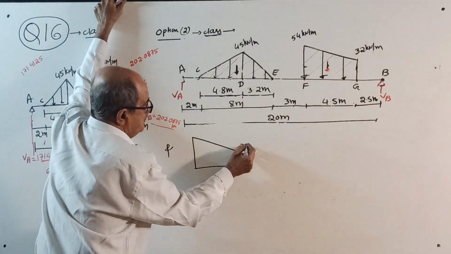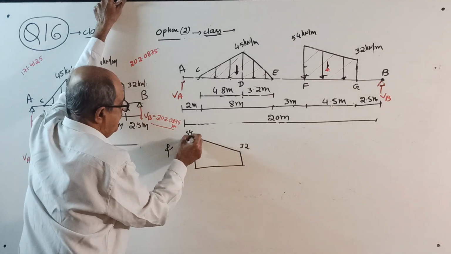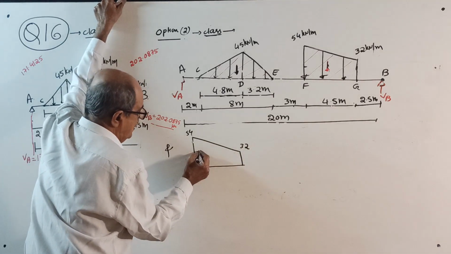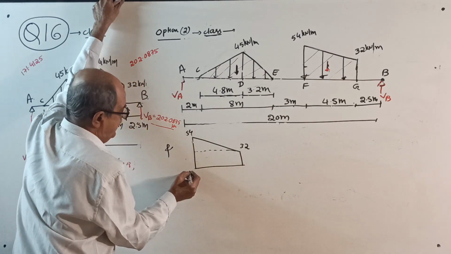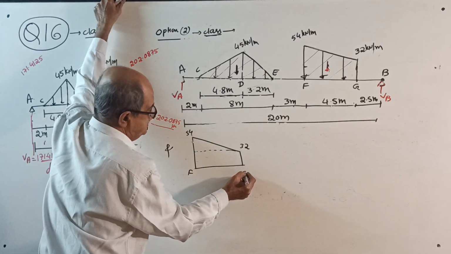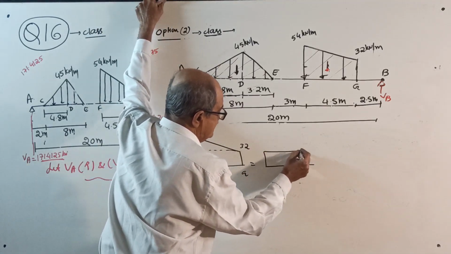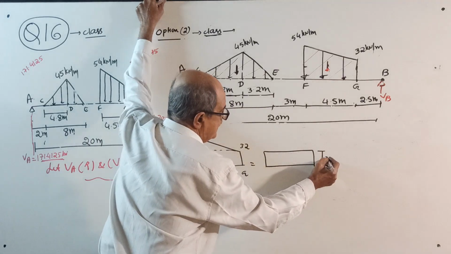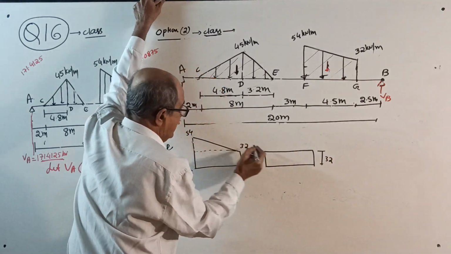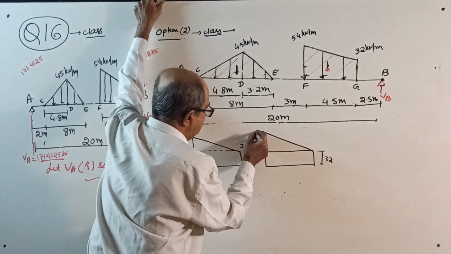Here 32, here 54. What we will do is divide it into, this is a point F, this is a point G, equal to one rectangle of 32, and one triangle on this side.